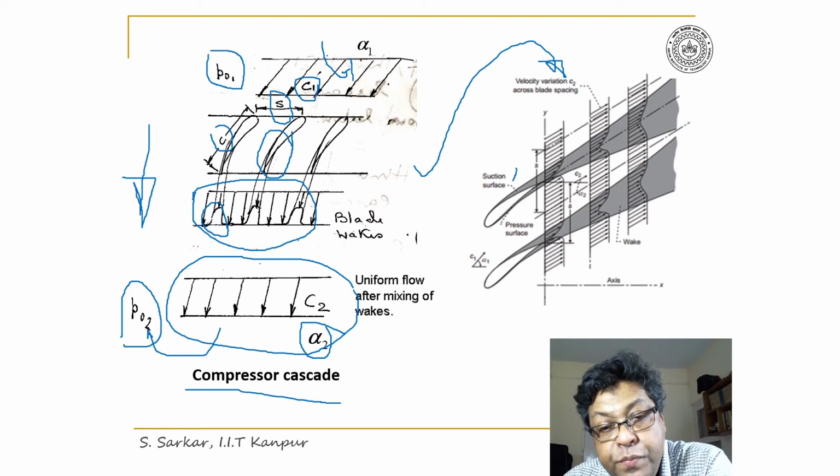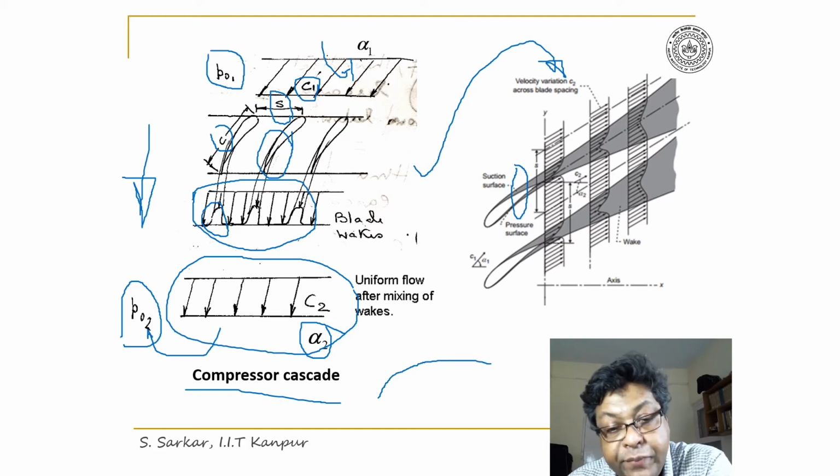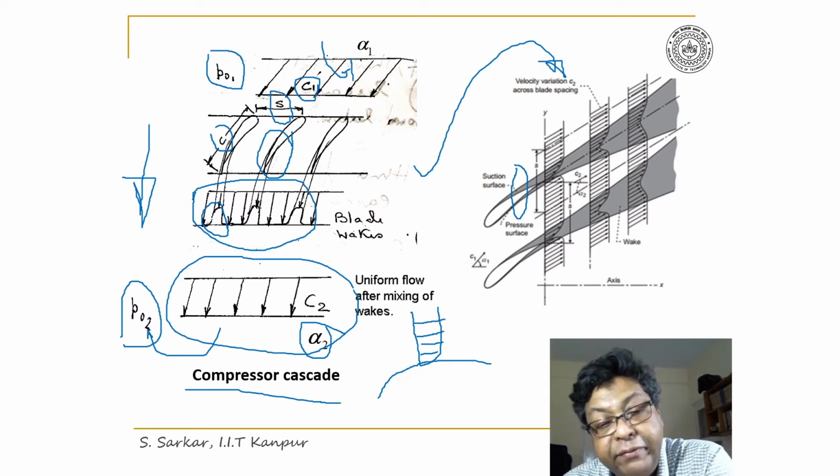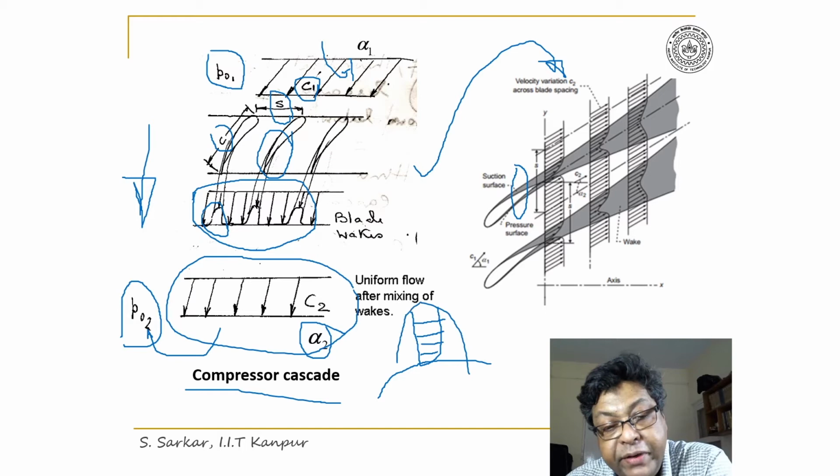And if I zoom the section here, say suppose this is the curved surface, and if you zoom near the surface, you will find the boundary layer forming on the surface. So we'll get a velocity profile as I have indicated here.